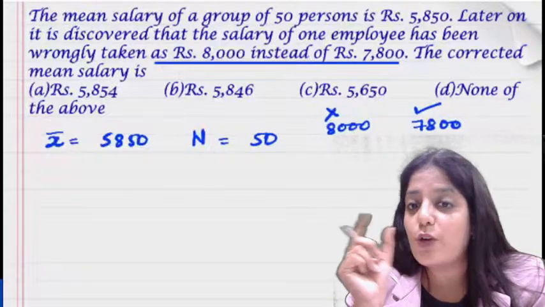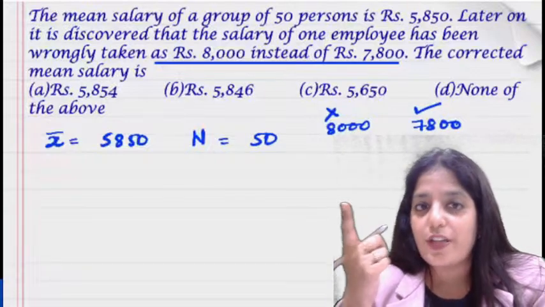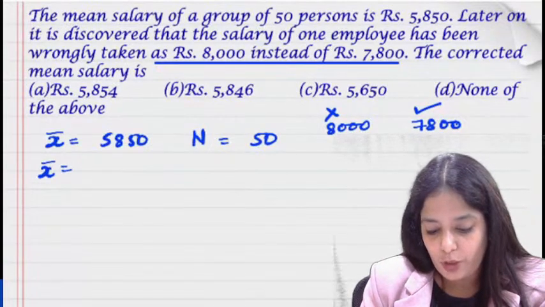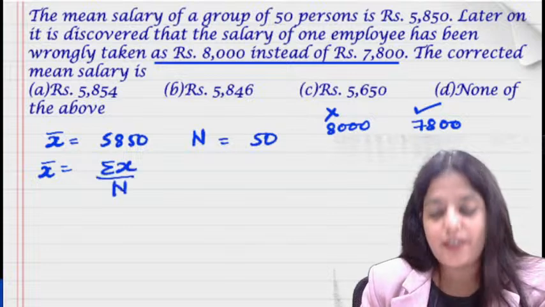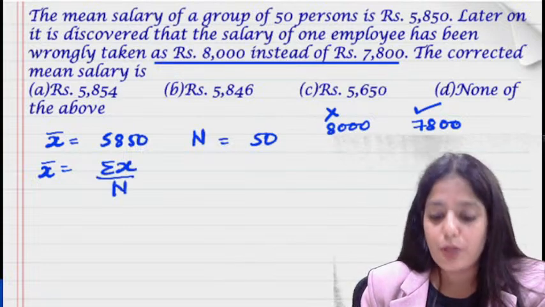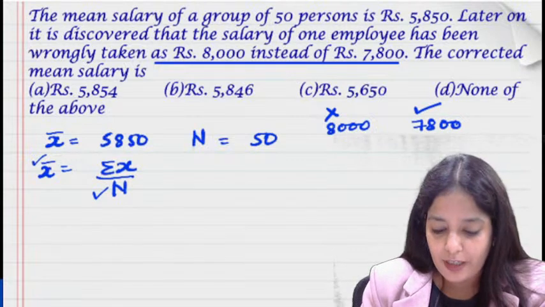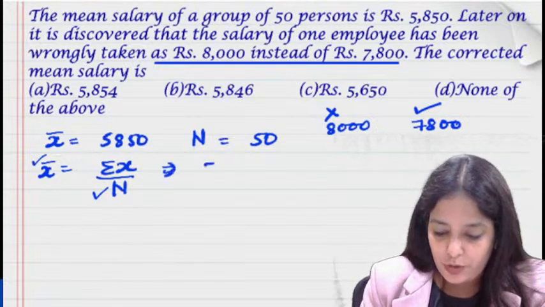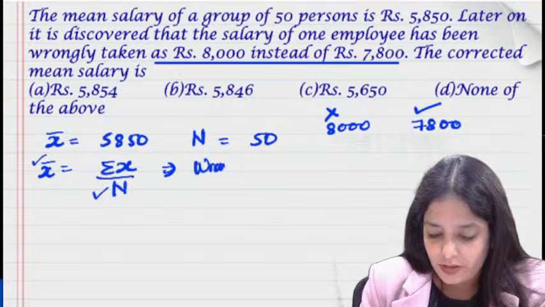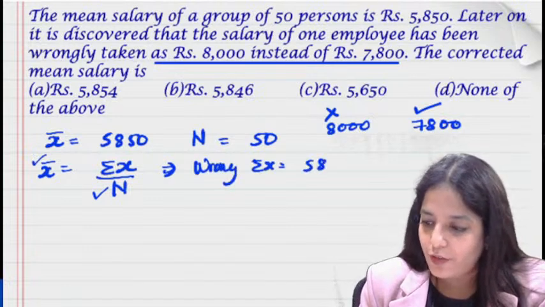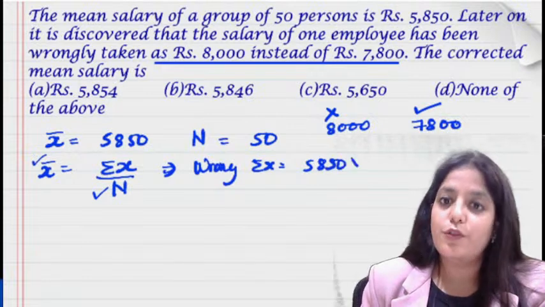How can we find that? Just as in the previous question, x bar is equal to sigma x upon n. We have x bar, we have n, so sigma x we can quickly find. I should write wrong sigma x is equal to 5850 into 50.